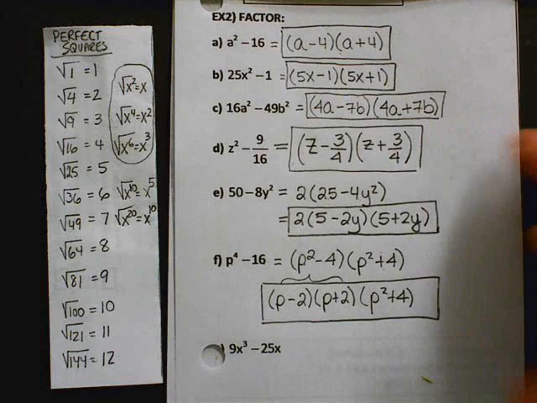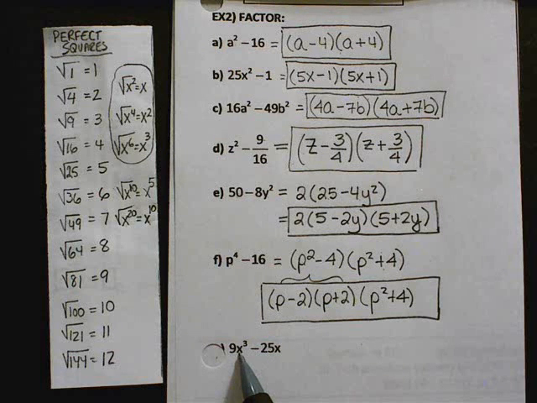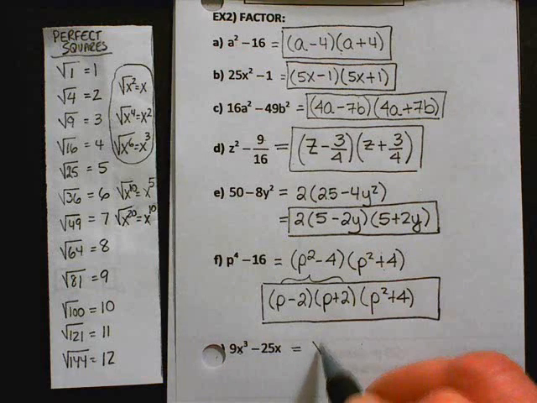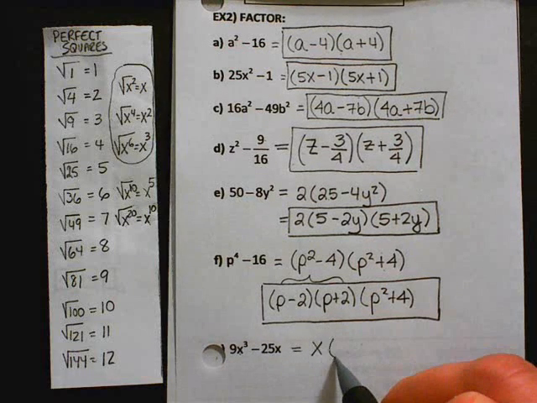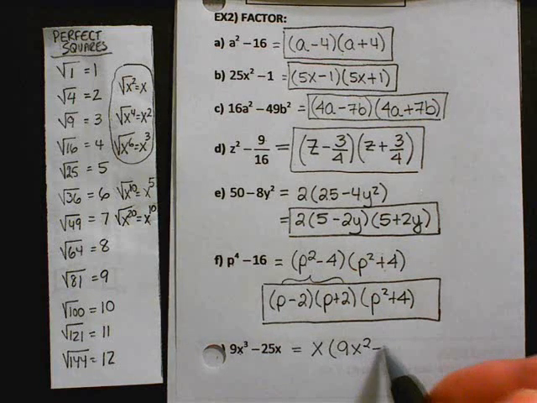Okay, at first look, I see a perfect square, but this is an x cubed. But ask yourself again, can I factor anything from both terms? And the answer is yes, I can factor out an x. So let's do that. If I do that, then this would be 9x squared minus 25.